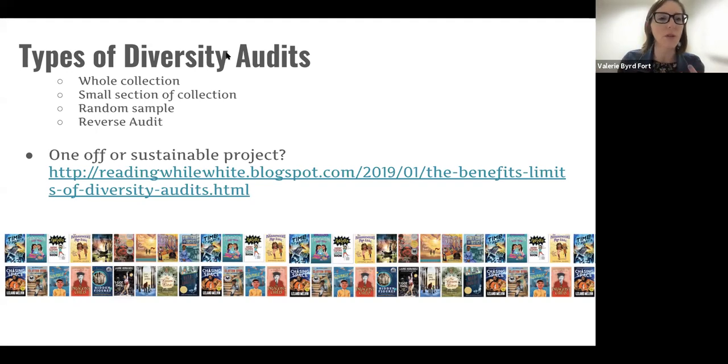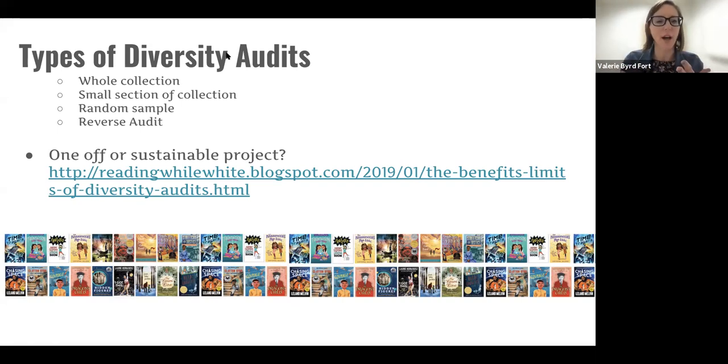If you're not familiar with Stonewall Book Awards, those are books that have LGBTQIA themes, characters, experiences. They are award winners. It is an award given by the Rainbow Roundtable, I believe, from the American Library Association. So let's say that you take that list of award winners, and then you look at your collection to see which of those books you have. So you could do it in that way.